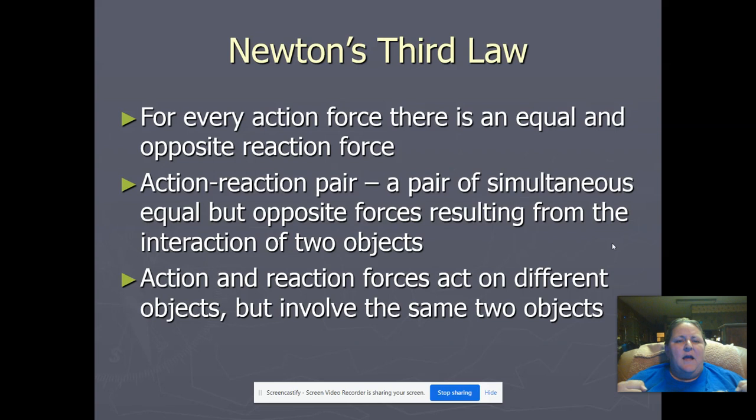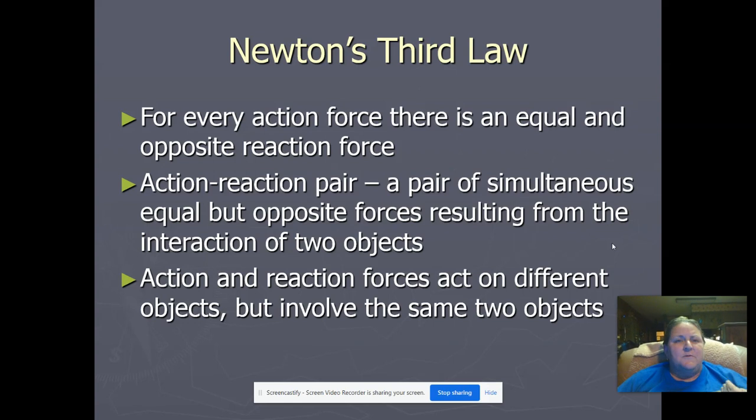Okay. Action and reaction forces act on different objects but involve the same two objects. Huh? Okay. In your mind's eye, you're leaning against a wall. You're putting force on the wall, and the wall is pushing back equal but opposite.